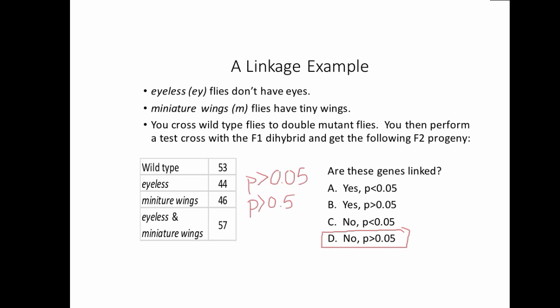So no, the genes are not linked, and we know that is a statistically supported answer because our p-value is greater than 0.05. Had our p-value been less than 0.05, for example, answer choice A here, that would have supported us to reject the null hypothesis and accept the alternative hypothesis that yes, the genes are linked and it's statistically significant.